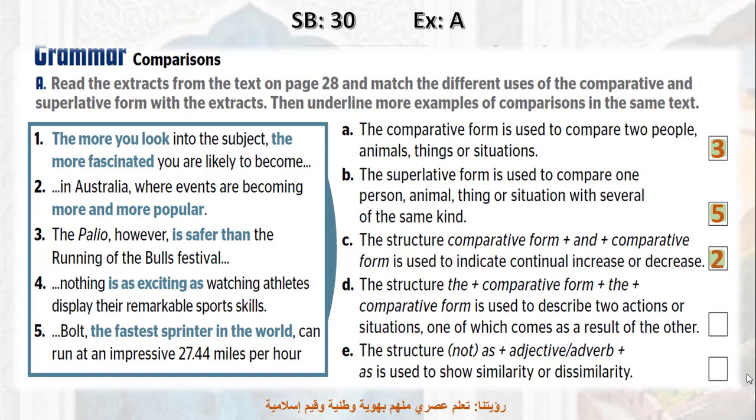C with number 2: the structure comparative form plus and plus comparative form is used to indicate continual increase or decrease.